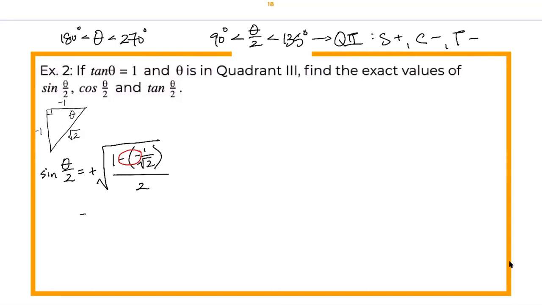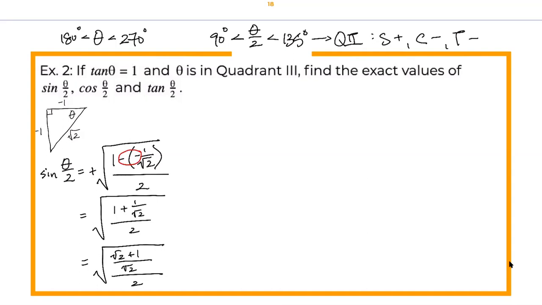And so when I combine those, I end up with 1 plus 1 over root 2 over 2, or root 2 plus 1 over root 2 all over 2.